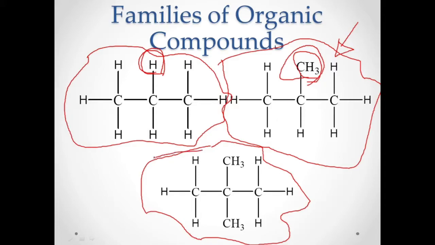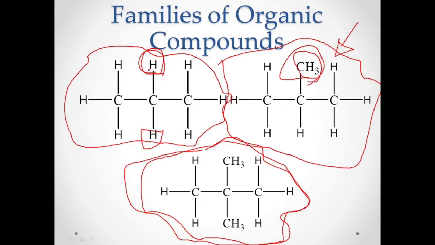The third compound is also called a substituted hydrocarbon because we define it as one or more hydrogens being replaced. So we can replace two or more hydrogens with a group of atoms.